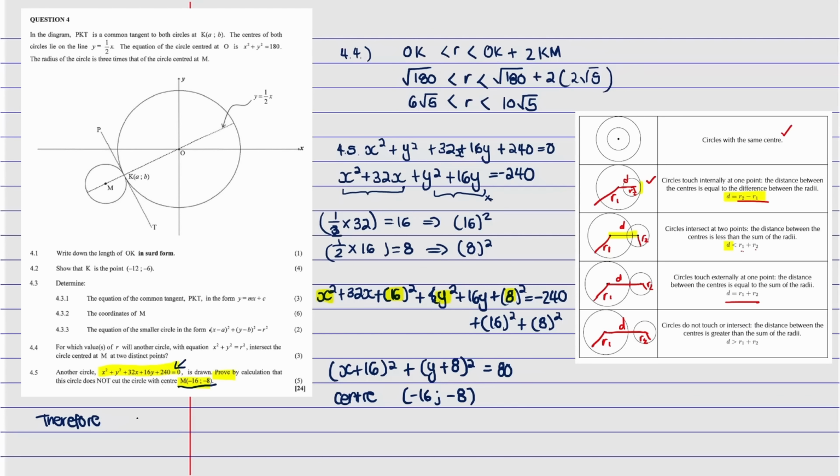therefore the new circle will never cut the circle M, as they have the same center.